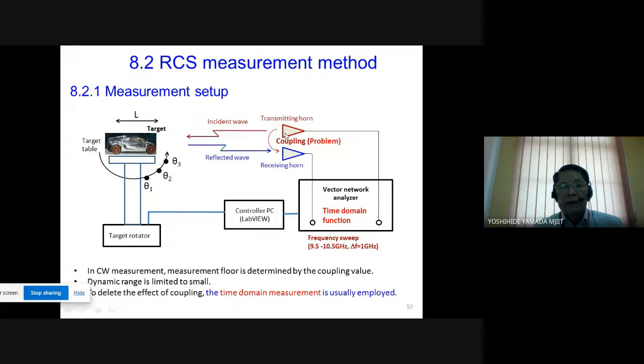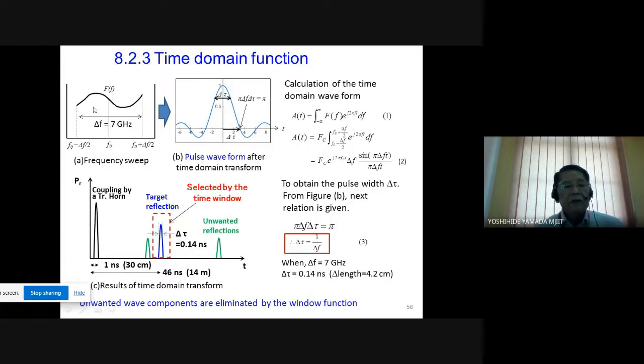However, in the measurement, the transmission horn and receive horn are set very close together. So coupling from the transmit horn to the receive horn produces a very serious problem. However, by using the time domain function, we can cut the coupling. This is the frequency sweep radiation, which is then converted to the time domain.